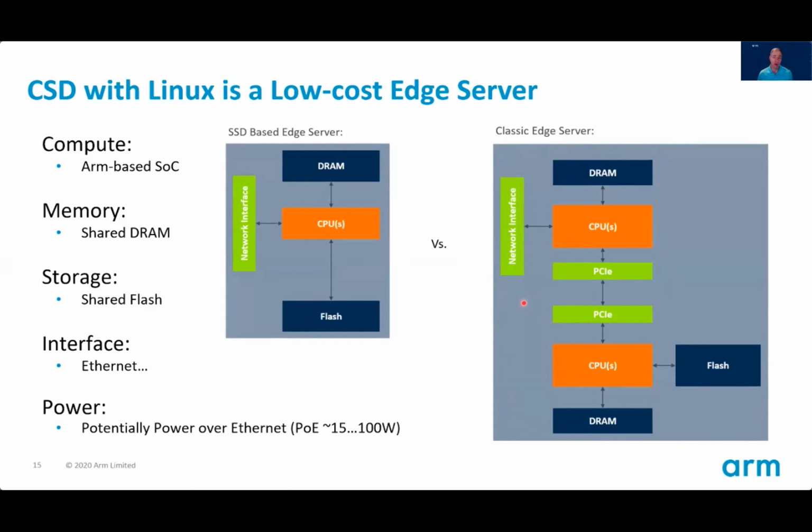Well, we've now deployed Linux on those CPUs. We can substitute a TCP/IP interface for the PCIe, running Linux on that drive and use NVMe over Fabrics to speak to the outside world. And we've effectively created this, where we've got our flash media, our CPU, and our DRAM speaking across a network interface. It's essentially a very low cost, small edge server.